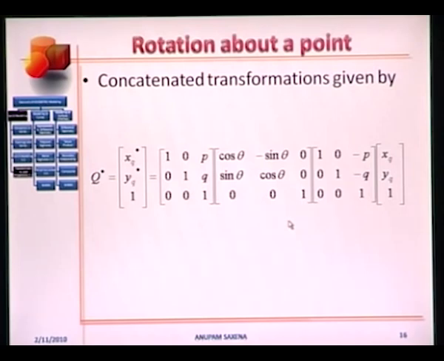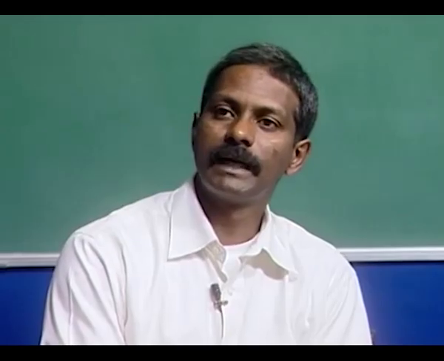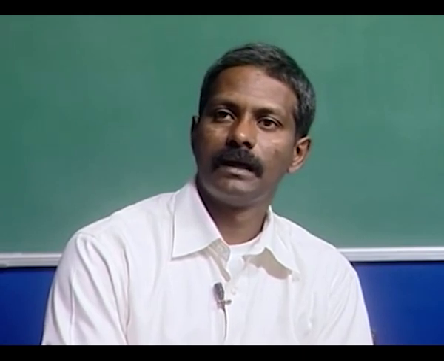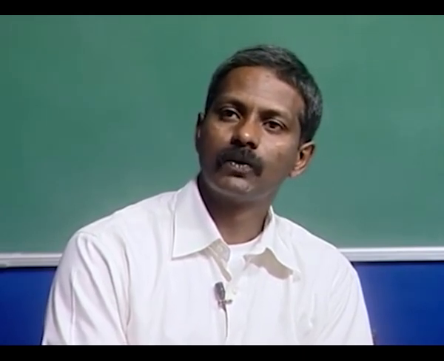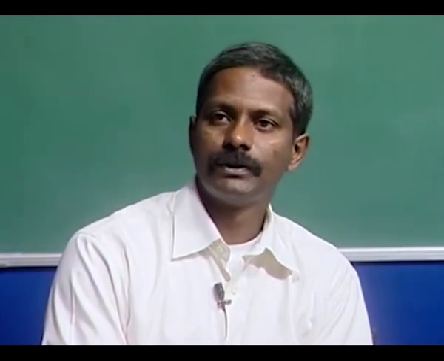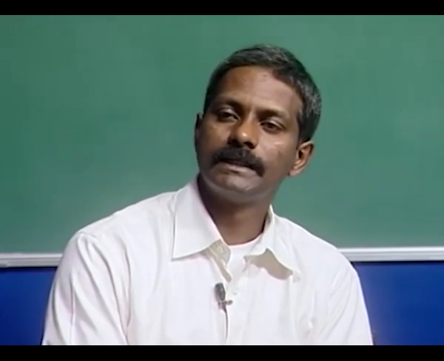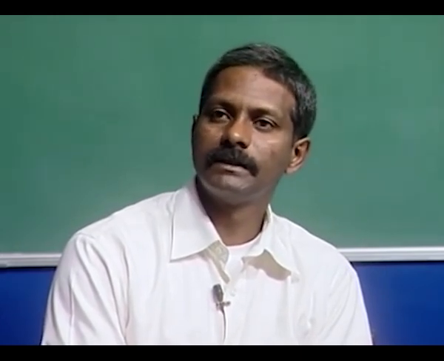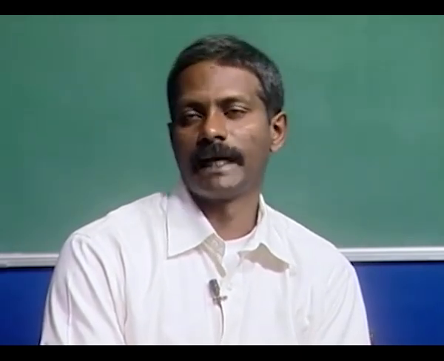A remark here. Notice how all these transformation operations are getting concatenated as matrix multiplication operations. This is what the homogeneous coordinates allow us to do, to combine translation and rotation transformations as matrix multiplication operations.